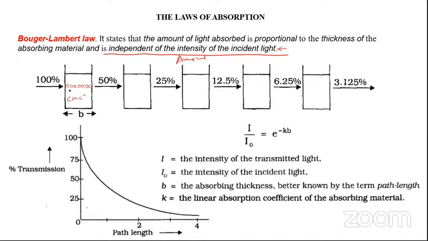So if I say that when the number of matter entities increases, absorption increases, then when the number of light waves increases, will it not affect absorption? Did you get the question? Now do you think that it is independent of the intensity of incident light?